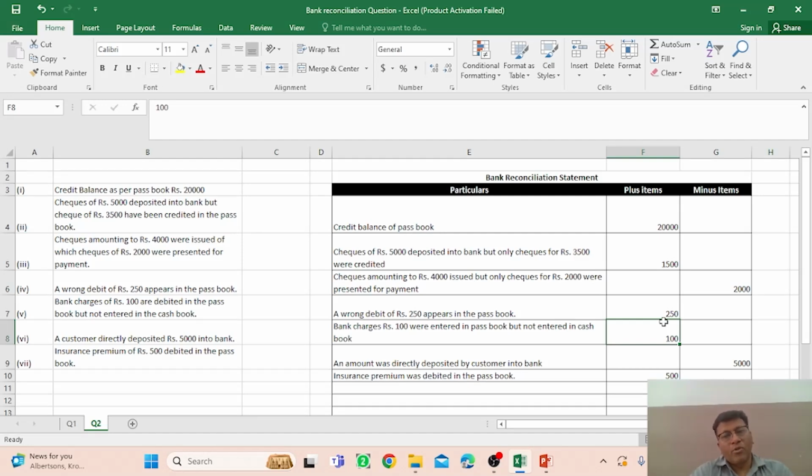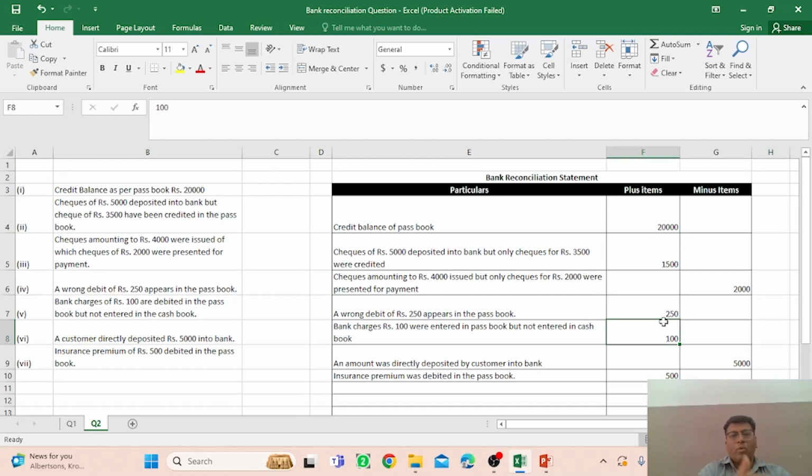So you reduce that 4,000 rupees, but only 2,000 were presented for payment. So the bank balance is more in comparison to the cash book balance, which is less. So we have to put this transaction in the minus items.